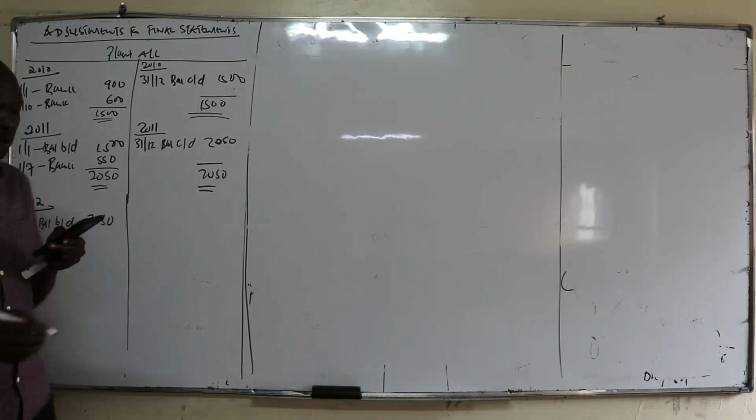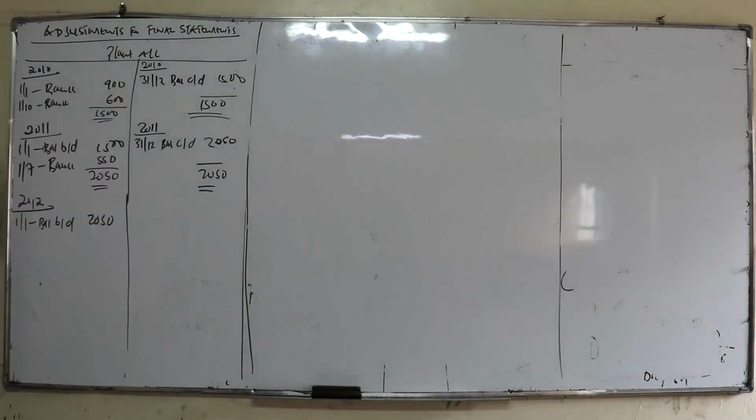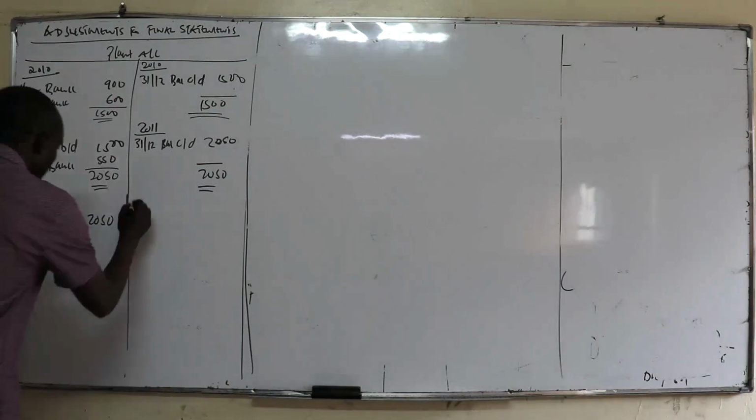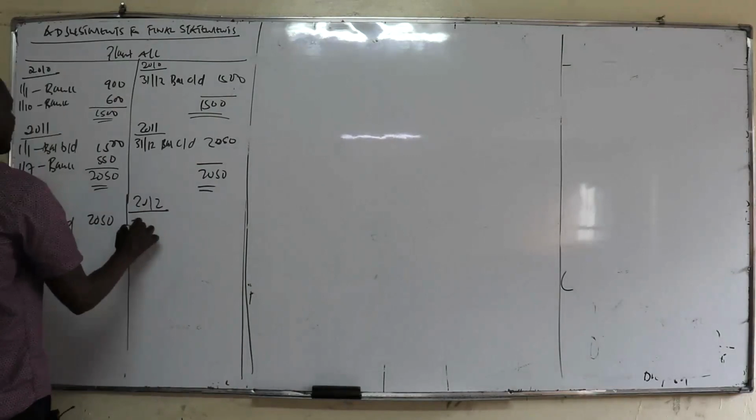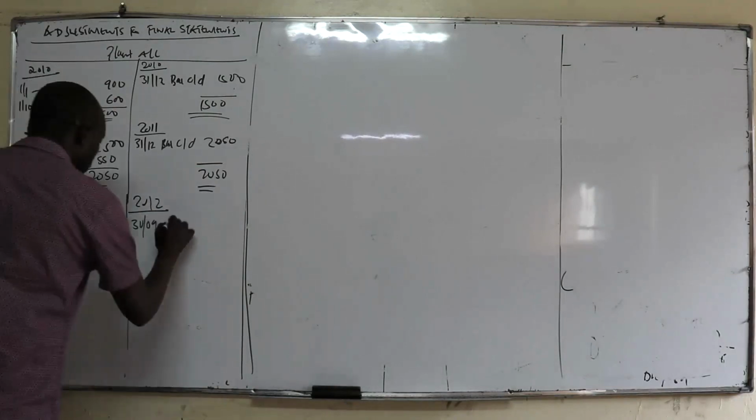And then here 2012, 1st January, balance brought down, it is 2050. And then you check out what happened in that year. In 2012, there was no acquisition, but there was a disposal on 30th September. So right here, 30th September. We said when you sell off an asset in the asset account, you eliminate the original cost. So here you write disposal.